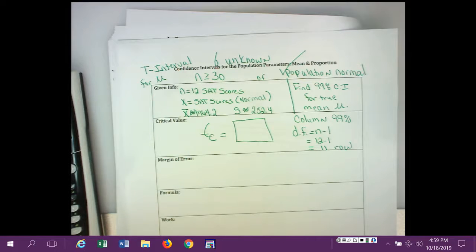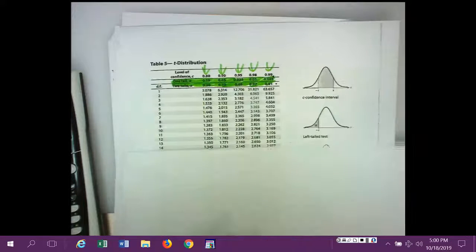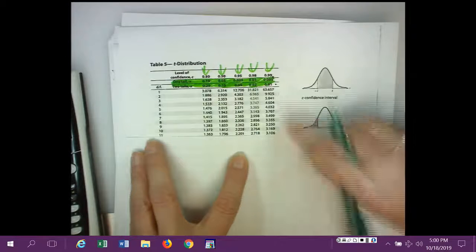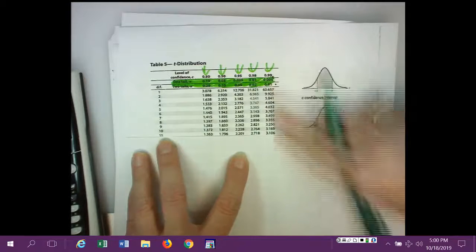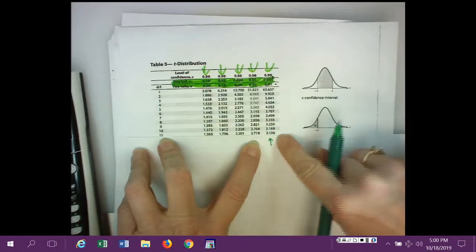And then you will have your critical value, T sub C. 99%, row 11, 3.106 is the critical value, T sub C.